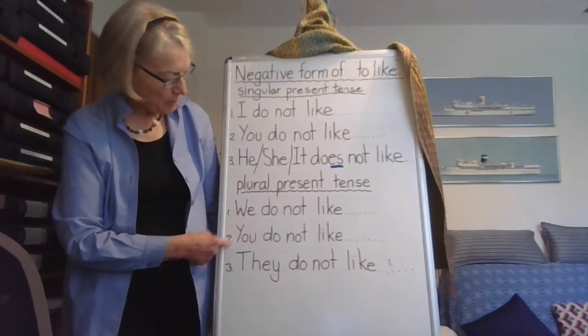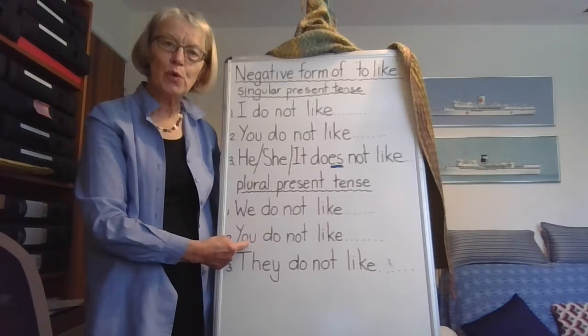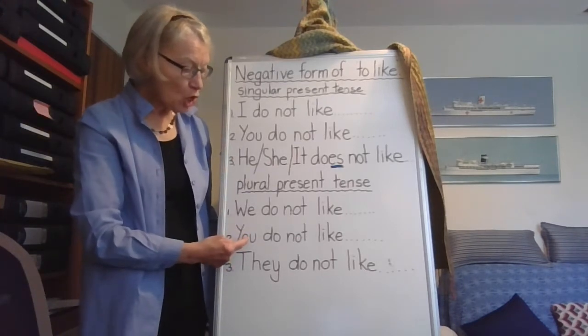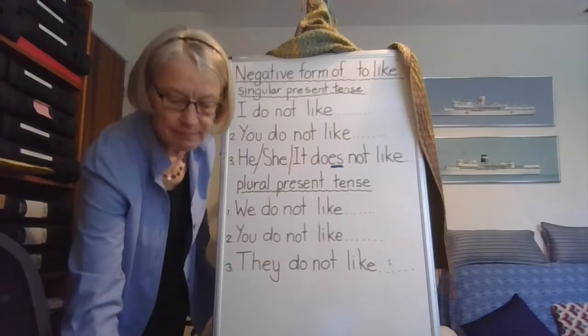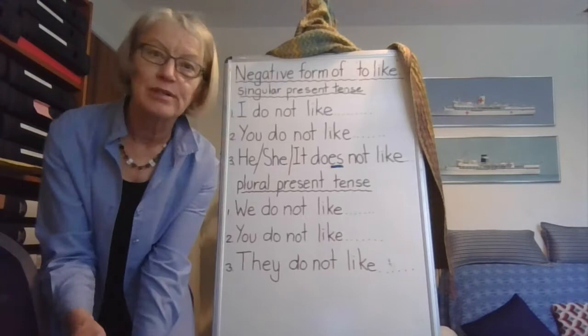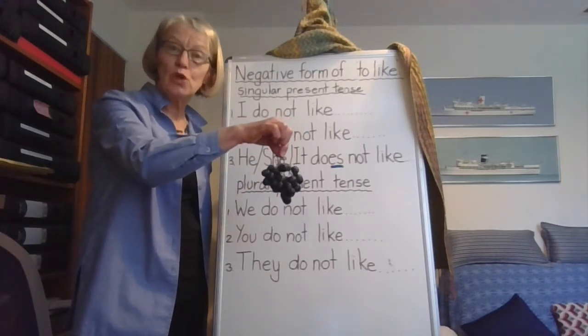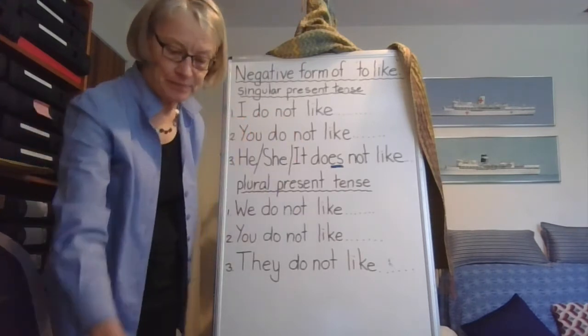The second person plural in the present tense is you. But not just one you, lots of you. You do not like, we'll pretend, grapes. You do not like grapes.